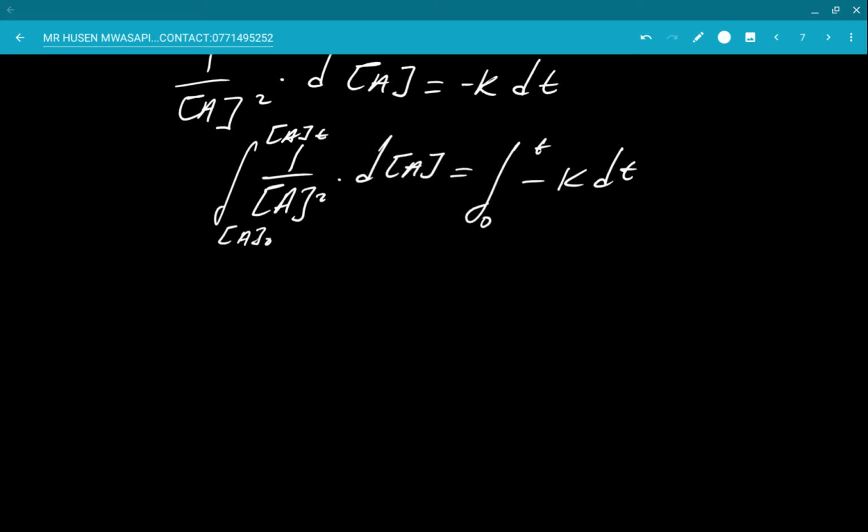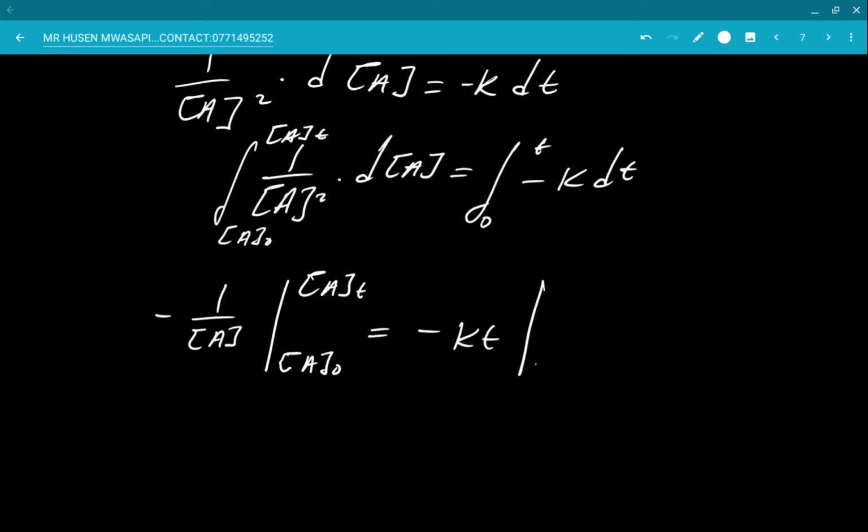So if you take your integrals from the left and the right, you end up having minus 1 over the concentration of A from A naught to At being equal to minus kt taken from 0 to t.